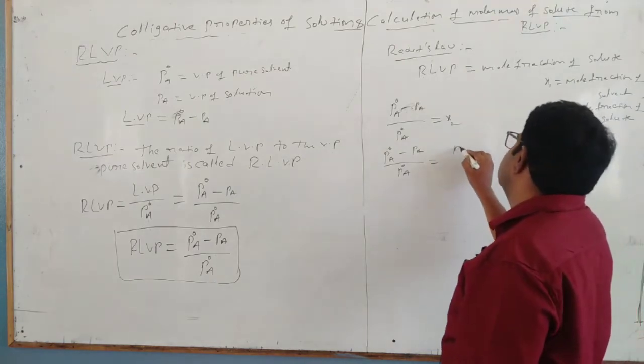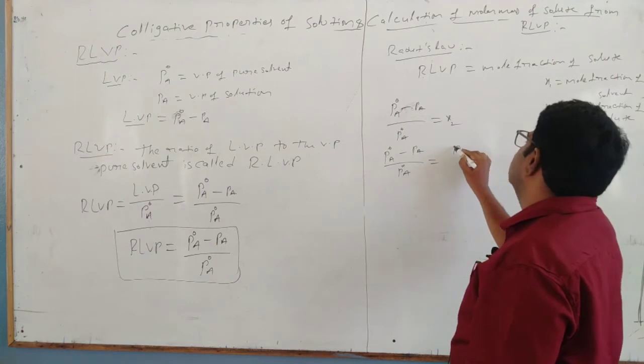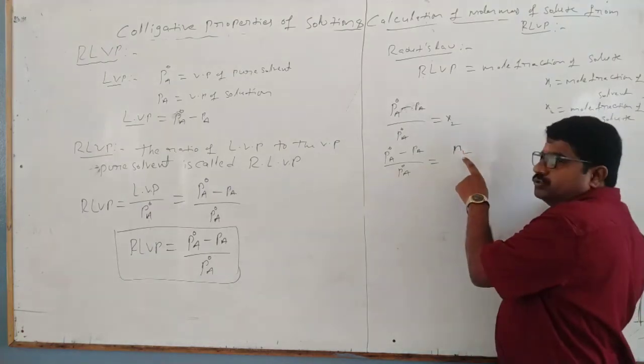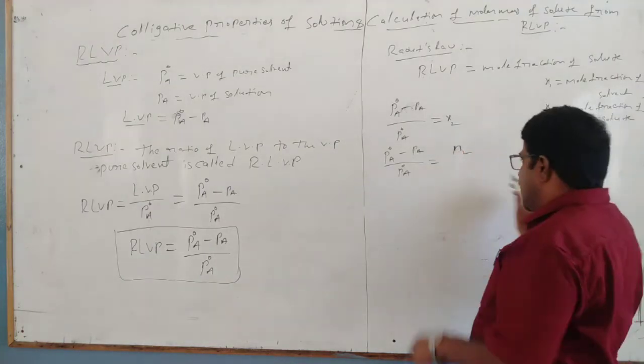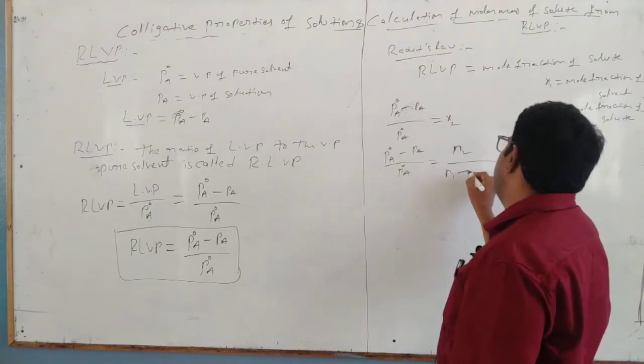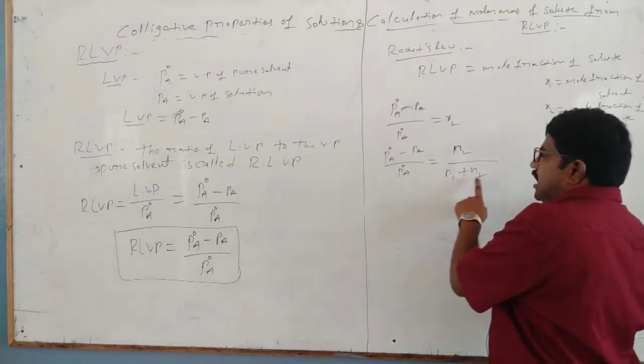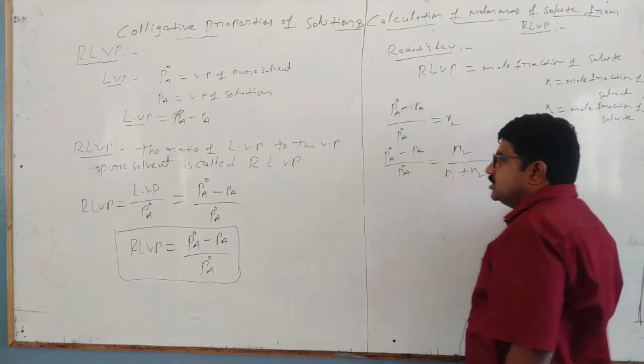Now we can write N2, the number of moles of solute, by the number of moles of solute plus solvent.